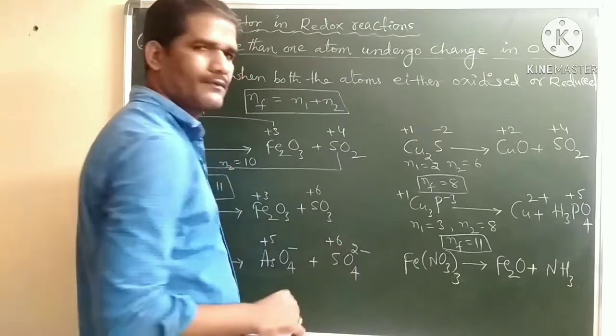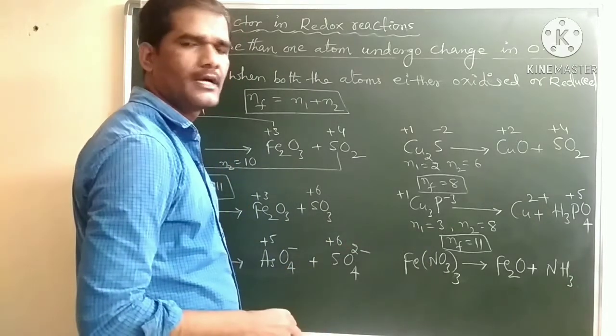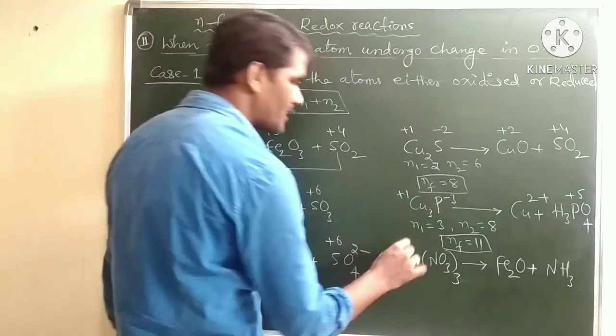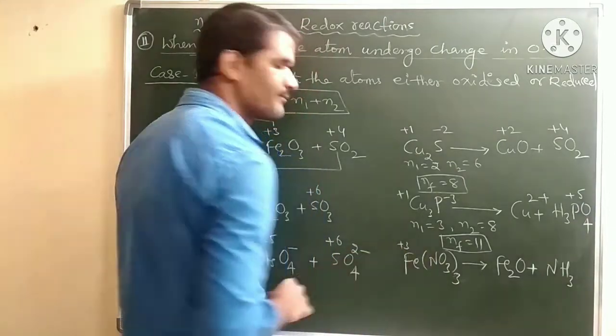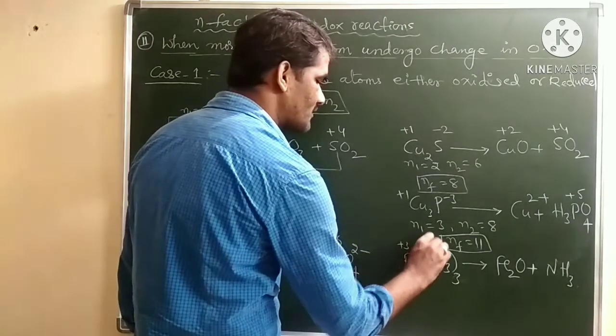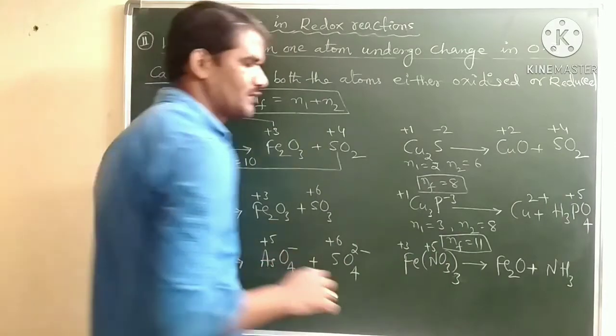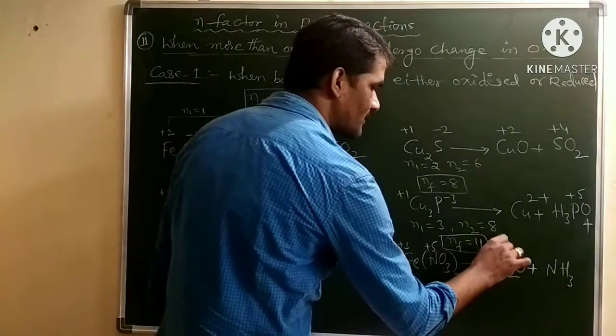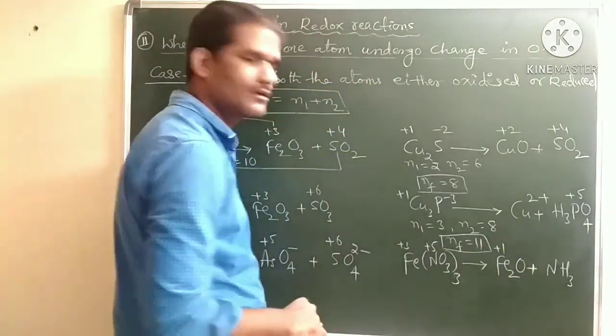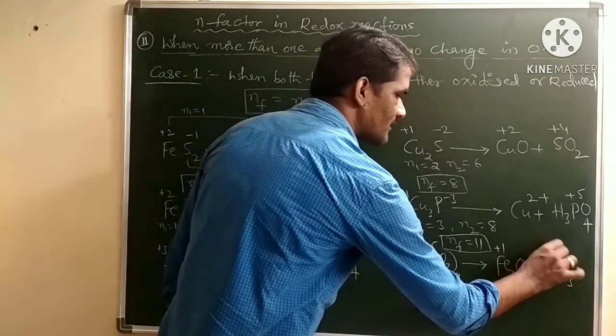Now ferric nitrate to iron oxide and ammonia. Here iron is +3 oxidation state, nitrogen +5 oxidation state. They are changing to iron +1 oxidation state in Fe2O and ammonia -3 oxidation state.